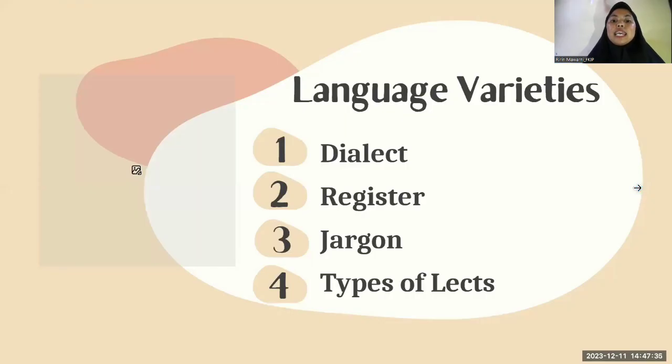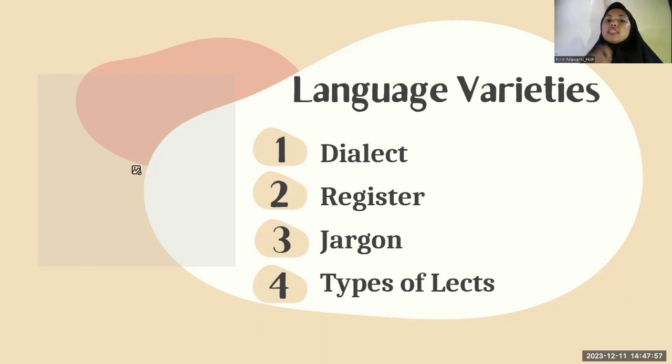So the next is about language varieties. Language varieties refers to the different forms or variations of language that exist due to various factors such as geographical location, social group, historical influence, and individual preferences.